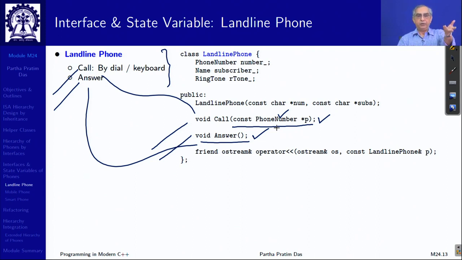I cannot make a call to a number unless I have a number myself. So, I assume that there has to be a state variable which is the phone number, and I have already taken care of these helper classes. Assuming those helper classes are there, I am not going to discuss the details of those classes; those are tiny concepts that are supporting me.